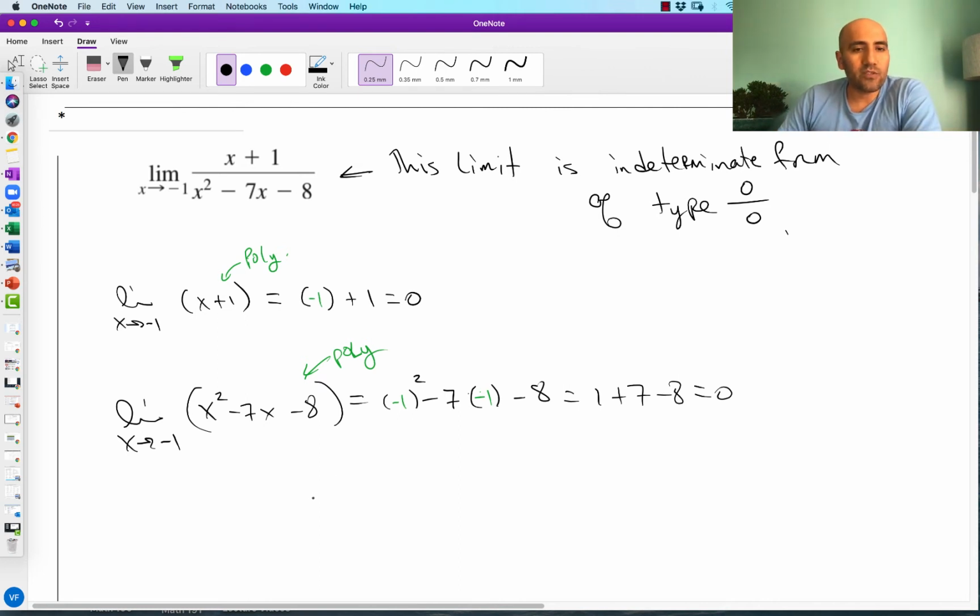So L'Hopital's rule says that the limit that we're after is equivalent to the limit of taking the derivative of the numerator and taking the derivative of the denominator, right? So let me rewrite that.